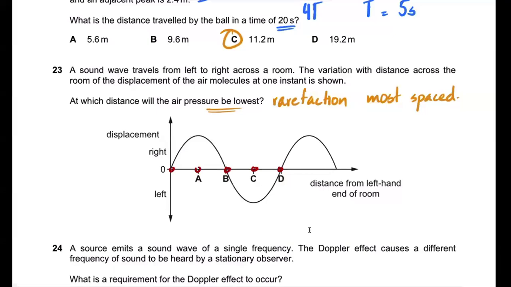So look here, O is not moving, A is moving to the right, B is not moving, C is moving to the left, and D is not moving at all. Which particle is the most isolated from the others? That's D. All right, that's how you do questions like this.